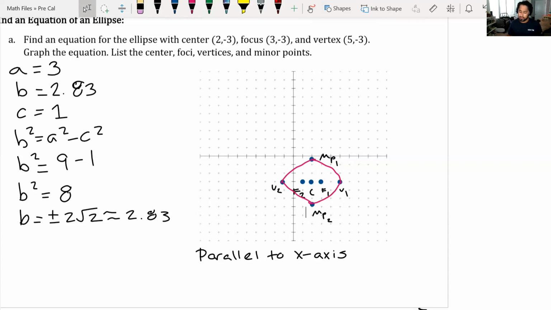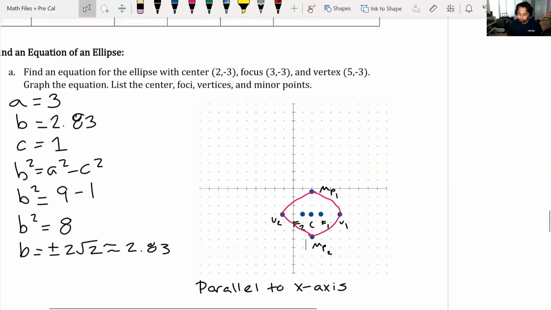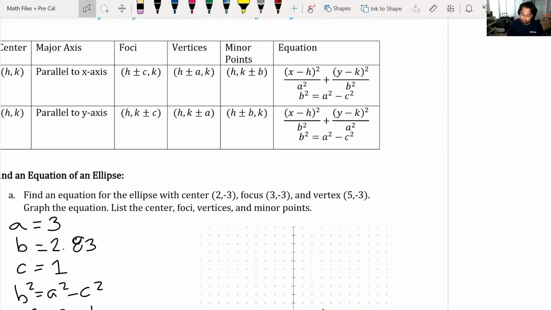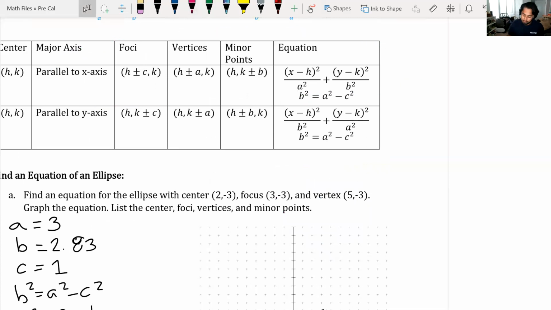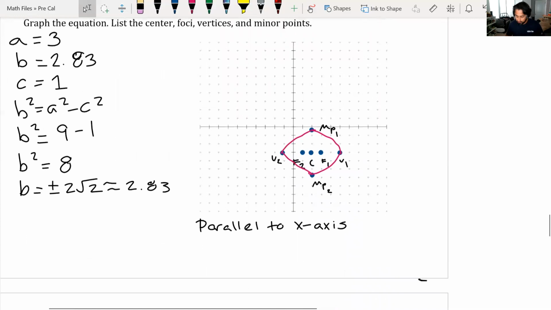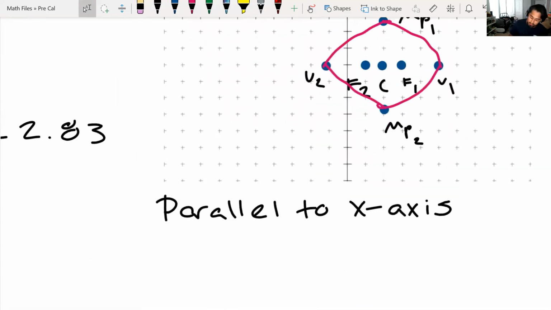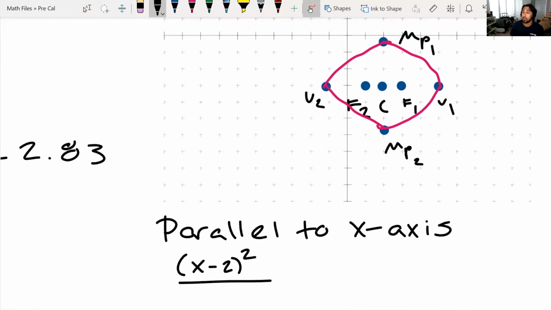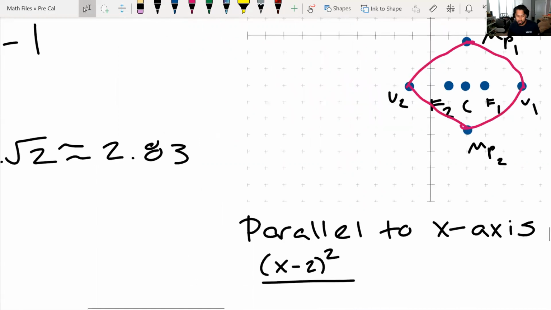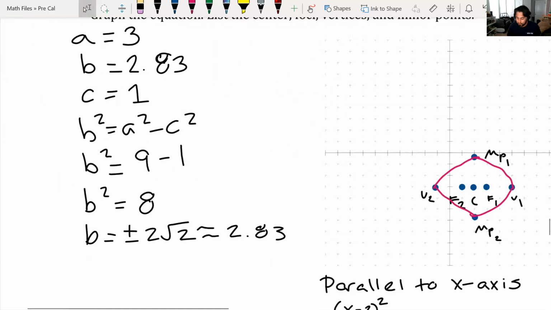We list everything, make the equation. So let's make the equation first. We know we're parallel to the x-axis. So this means we get to use that equation. So we have x minus 2 squared over the value of a squared. So a was 3, so that's going to be 9.